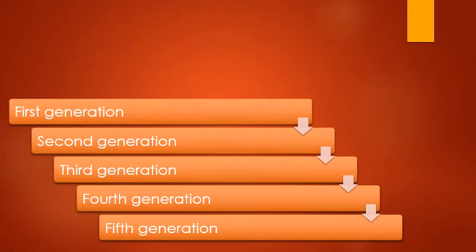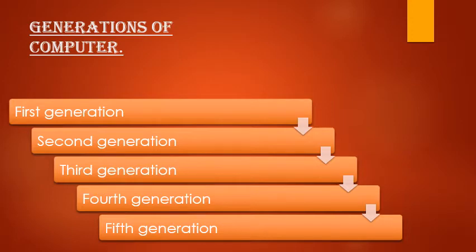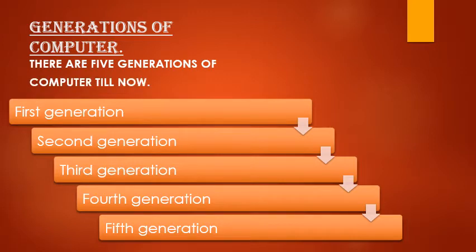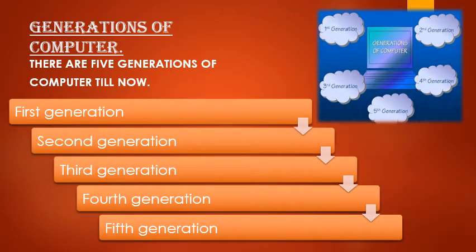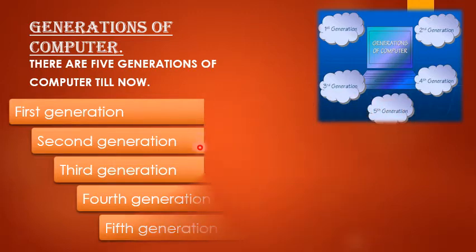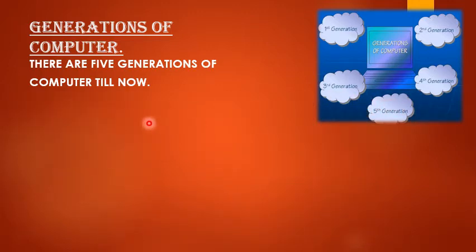So the first chapter which we had started was story of computer, in which we have learned about generations of computer. There are 5 generations of computer till now, and we have given names to these computers: first generation, second generation, third generation, fourth generation, and the fifth generation. Why we have divided them and how we have divided them, one by one we will learn them all.